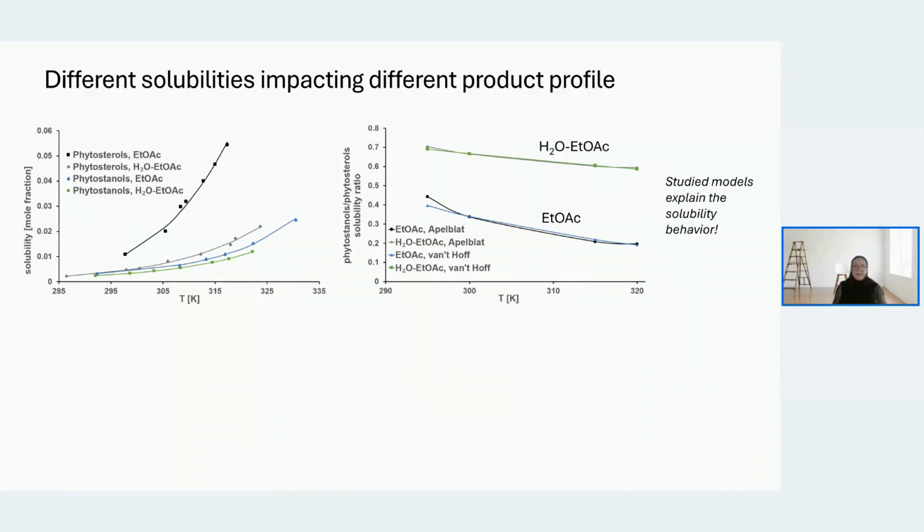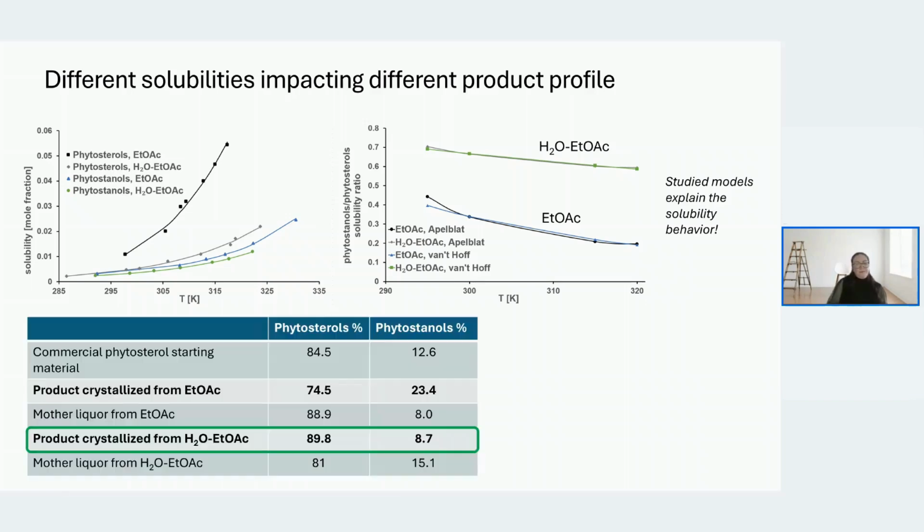This was a really interesting finding, and then we wanted to study whether the same applies in a real crystallization experiment. So we did crystallization with commercial phytosterol as a starting material, and we could conclude that when the solvent system was pure ethyl acetate, we got a product high in stanols, unfortunately.